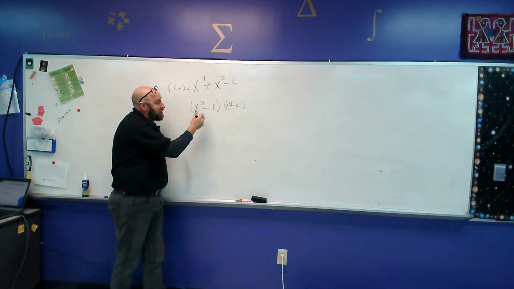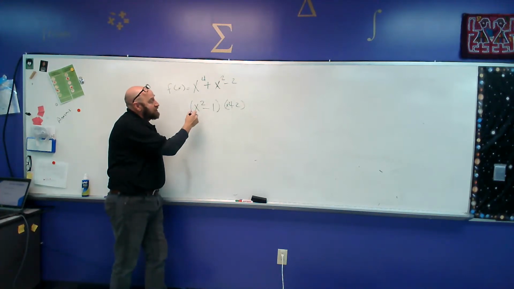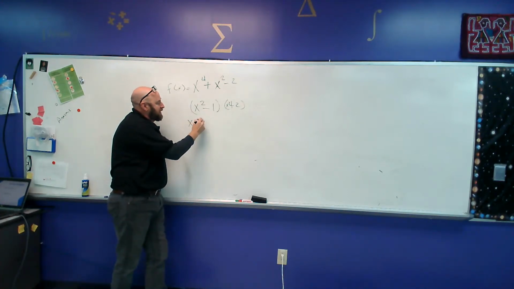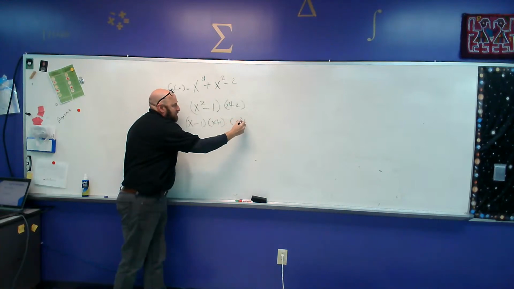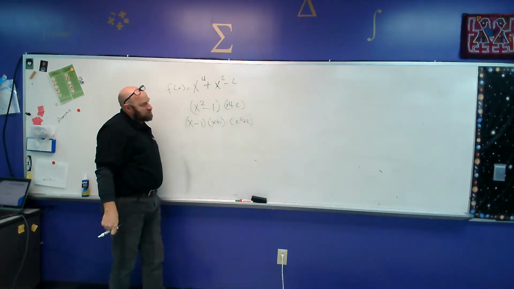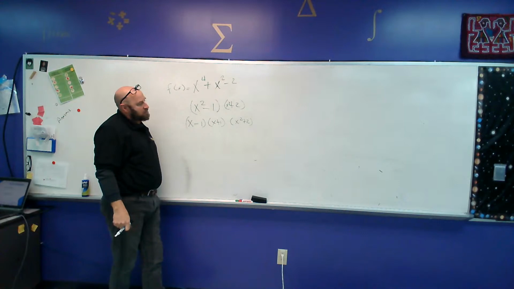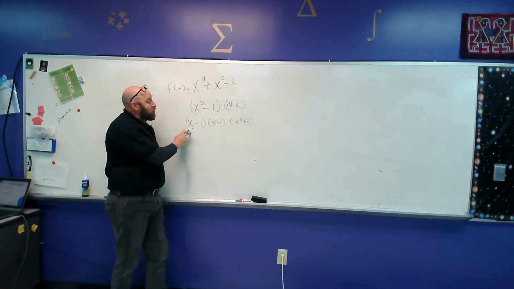But here we factored, and this one can factor further to be x minus 1 times x plus 1, right? So there we've got a 0 at 1 and a 0 at negative 1.